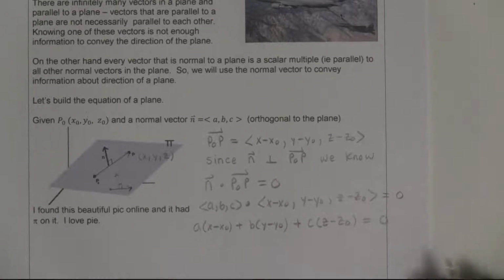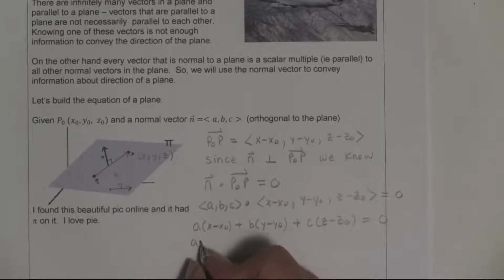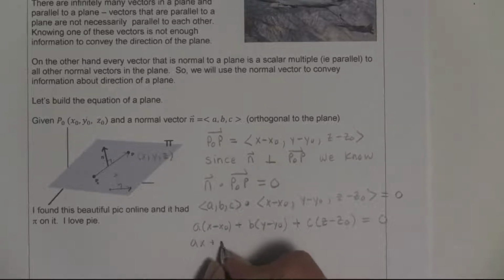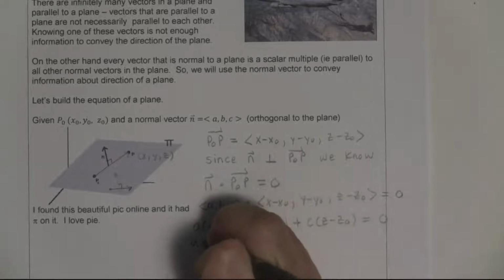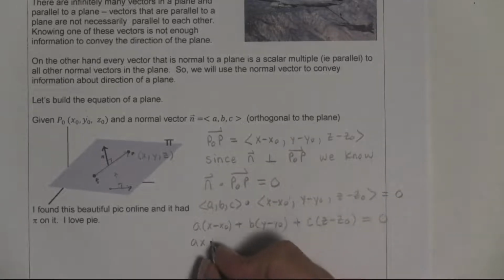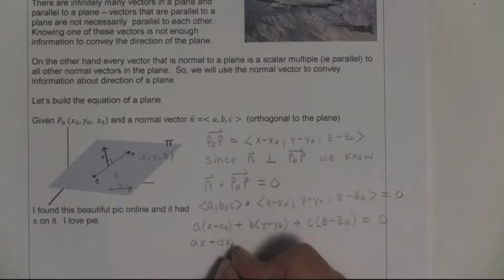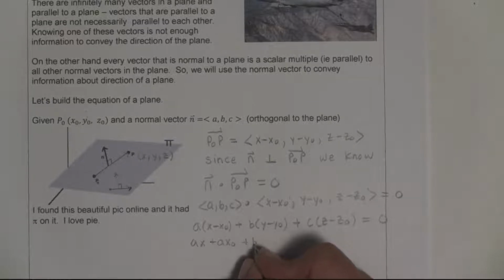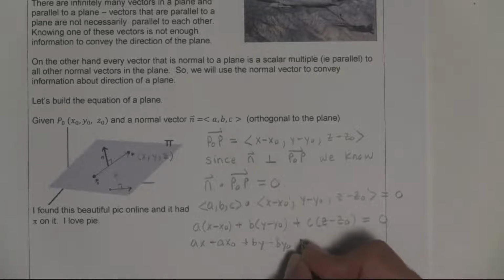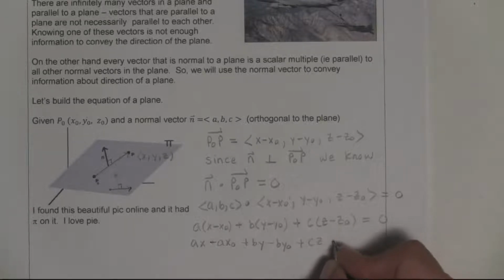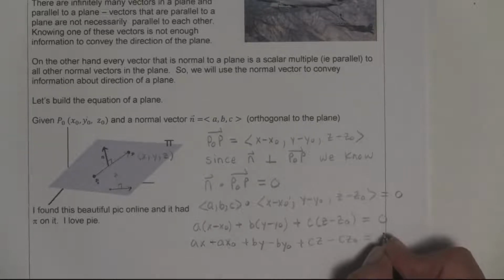If I multiply this out, I get ax minus a x naught plus by minus b y naught plus cz minus c z naught equals 0.